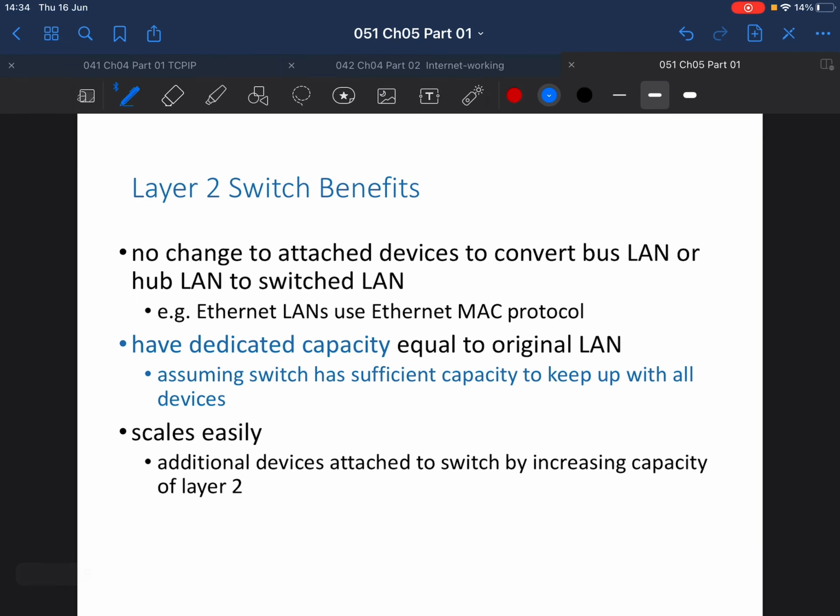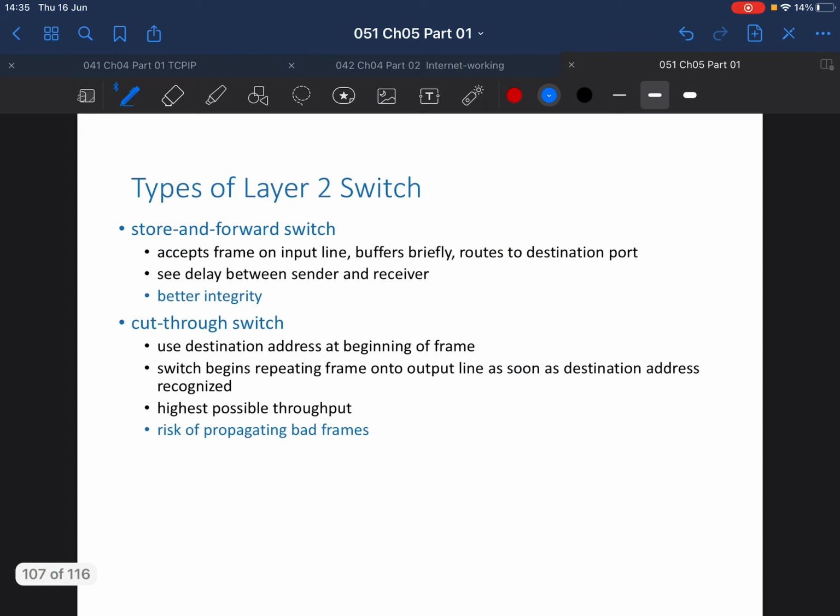Layer 2 switch benefits: no change is needed to attached devices to convert a bus LAN or hub LAN to a switched LAN. Each has dedicated capacity equal to the original LAN, assuming the switch has sufficient capacity to keep up with all devices. And using layer 2 switches, it can scale easily, as additional devices attached to the switch increase the capacity of layer 2.